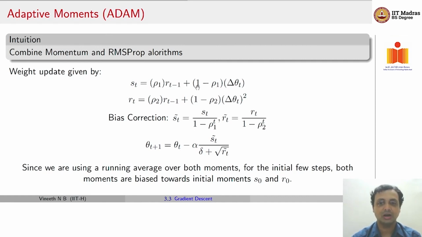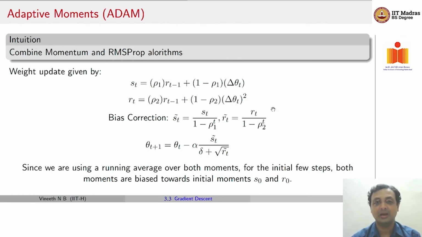That's where it will start. 1 minus rho 1 will make it a very small value because rho 1 is close to 1. Which means the gradients will not have any impact on ST in the initial iterations until they add up. So there may not be much training that happens in the initial iterations. So what do we do for that? We say let ST tilde be ST by 1 minus rho 1 power t.